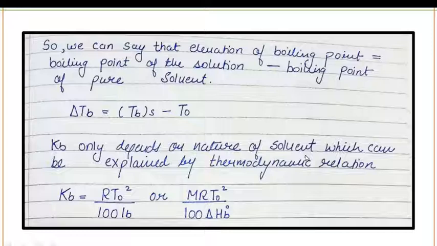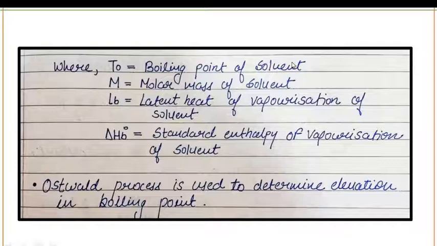If in any question you are given the thermodynamic relation and asked to calculate the value of Kb, the ebullioscopic constant, you can calculate it by this direct formula: Kb is equal to R Tb square divided by 1000 into Lb, or M R Tb square divided by 1000 into delta Hb naught, where Tb is the boiling point of solvent, M is the molar mass of solvent, Lb is the latent heat of vaporization of solvent, and delta Hb naught is the standard enthalpy of vaporization of solvent.